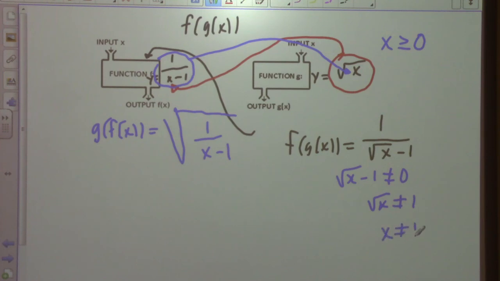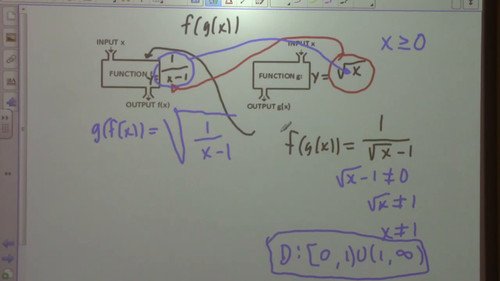So we know x has to be greater than or equal to 0 but also that x cannot equal 1. So what does our domain look like for that? Bracket 0 to 1, parentheses, 1 to infinity.